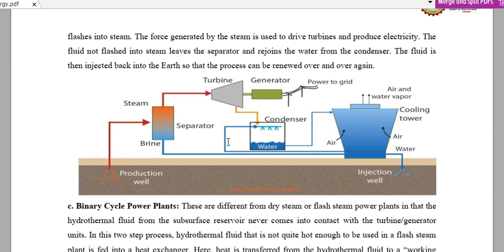So steam is actually used in turbines to generate electricity, and the remaining water is mixed with the water coming to the condenser and then re-injected to the earth so that this system keeps going.